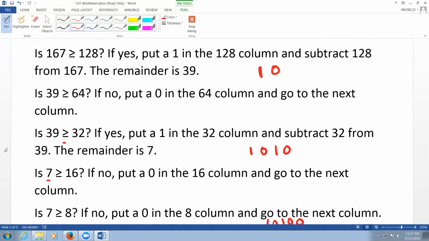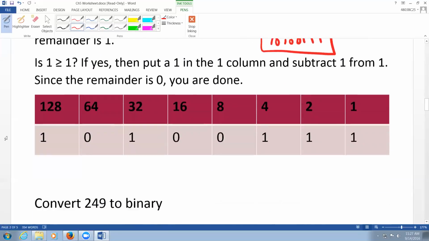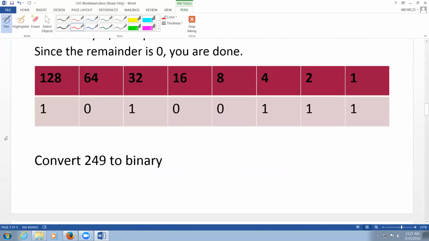Okay? All right. So let's do this. Convert 249 to binary. Okay, and there are the numbers you're going to use: 128, 64, 32. So the first thing you do is, is 249 greater than or equal to 128?